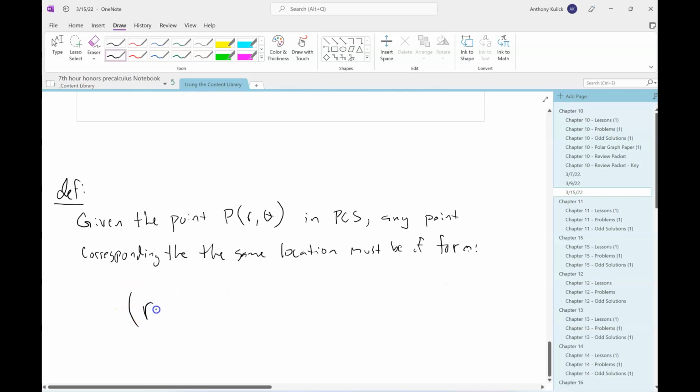One of them would be everything coterminal to the angle in the first point, where the radius stays the same. Or if the radius is negative, we'd have to flip the side of the angle we're using, and then consider everything coterminal to that one.